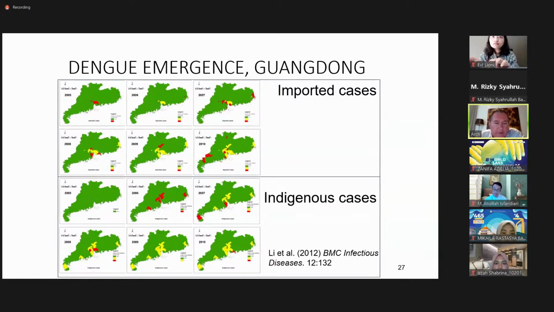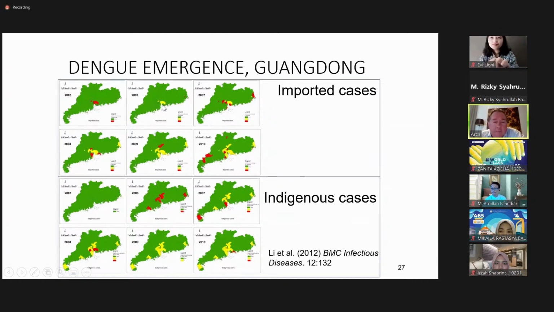It's a high resolution administrative area. The red ones are newly infected by dengue, and the yellow ones are previously infected by dengue. Of course at the start, there are no yellow areas because there's nowhere that's been previously infected, but you've got a red area here in the Pearl River Delta.